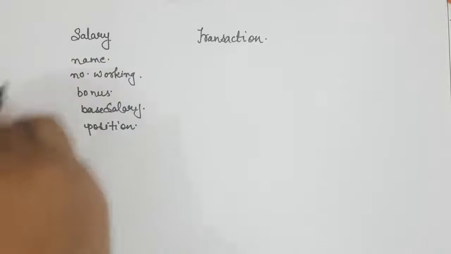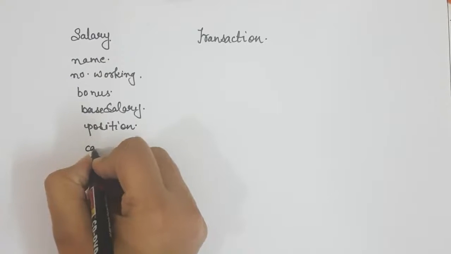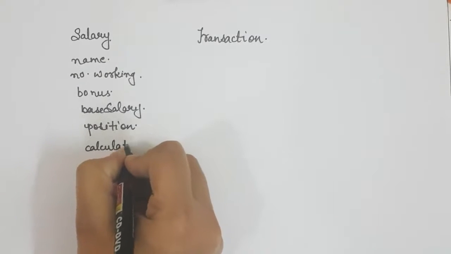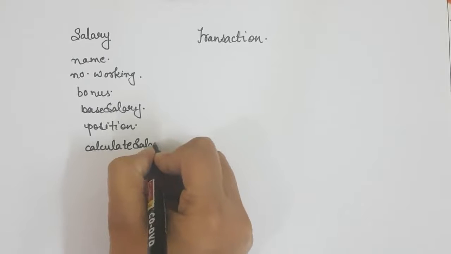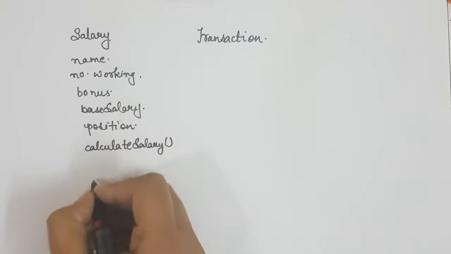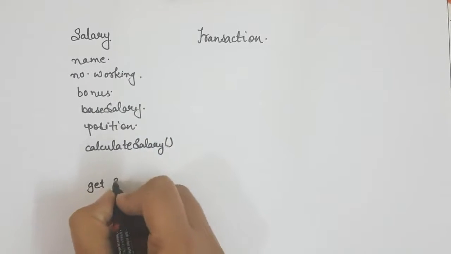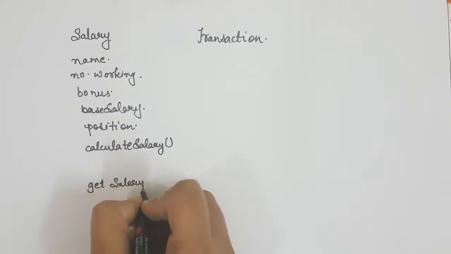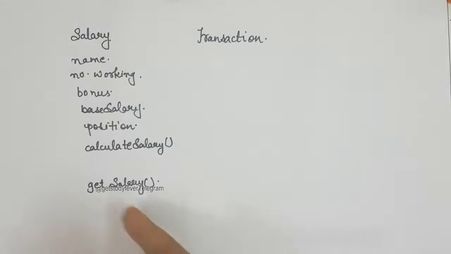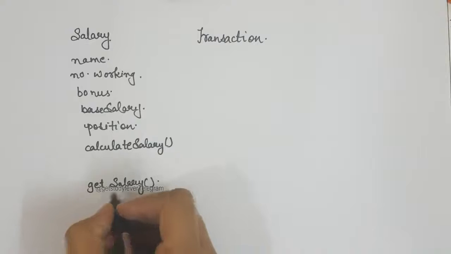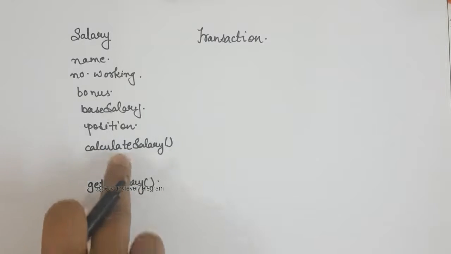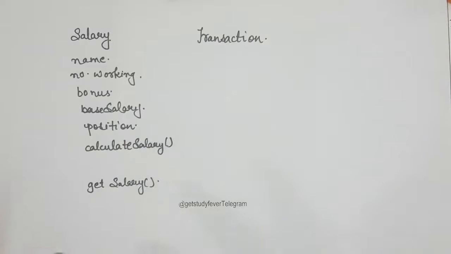Based on this data, there is a calculate salary method and there is a get salary method. The get salary method calls calculate salary, and using it, a salary is calculated.